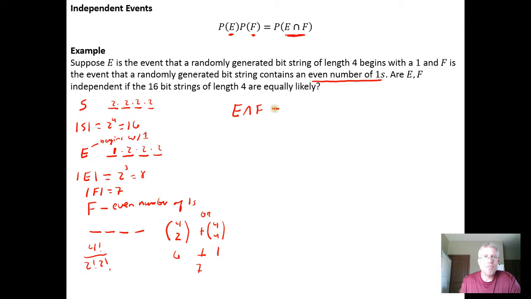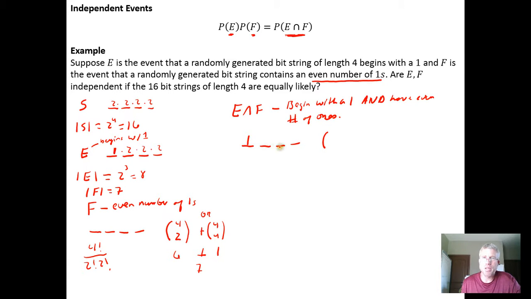E intersect F needs 2 conditions. E says it needs to begin with a 1, and F says it needs to have an even number of 1s. So let's think about a bit string of length 4 that meets both conditions. It has to begin with a 1 and have an even number of 1s. If there's a 1 already in this position, there are only 2 ways to get an even number of 1s.